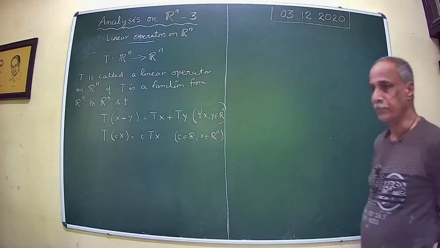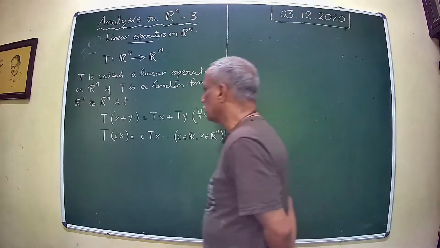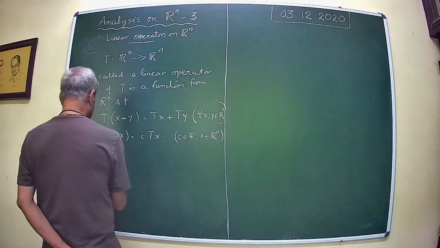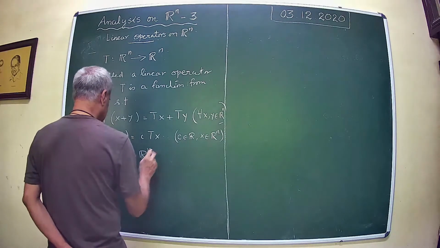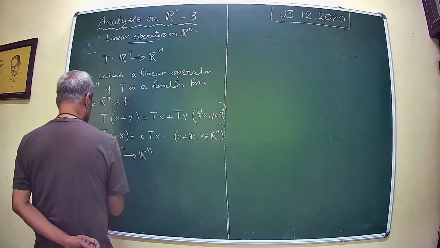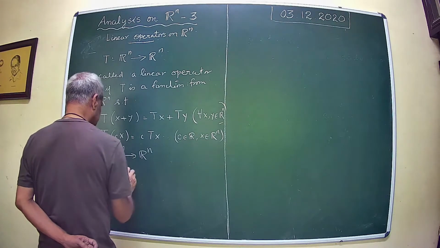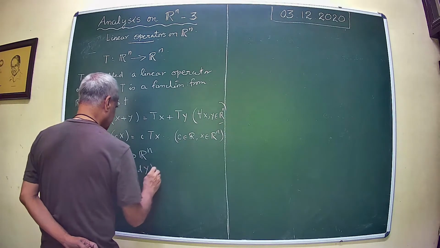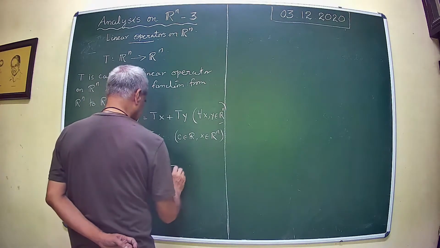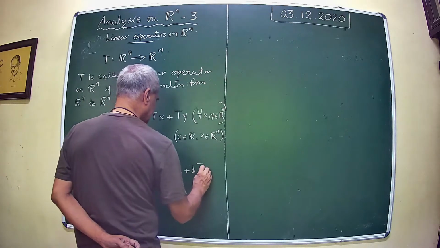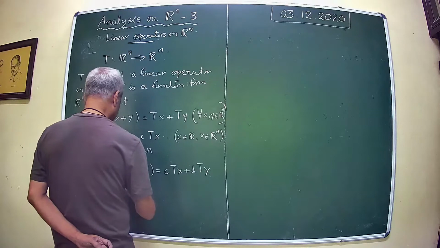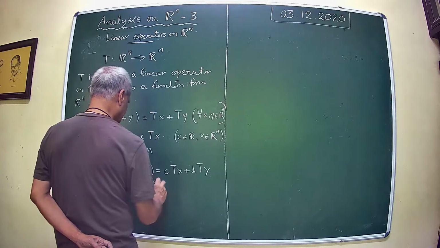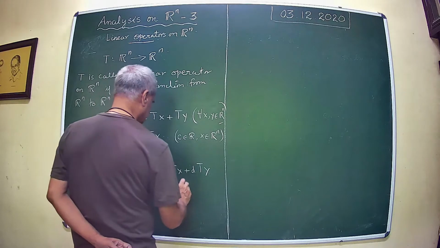So you consider a map T from Rn to Rn such that, in an equivalent form, T of cx plus dy equals c Tx plus d Ty for every c, d belonging to R and for every x, y.